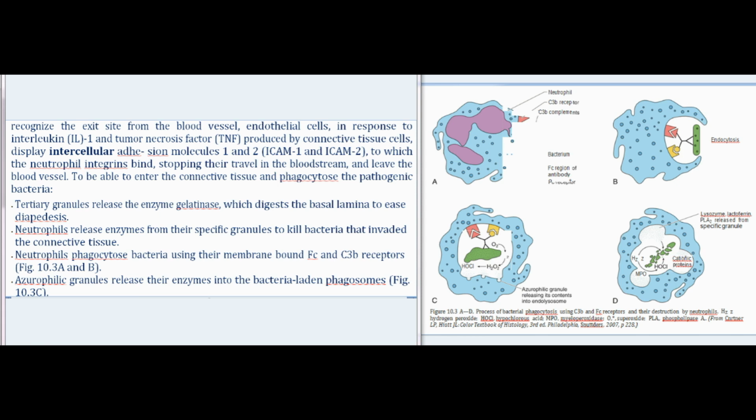To be able to enter the connective tissue and phagocytose the pathogenic bacteria, tertiary granules release the enzyme gelatinase, which digests the basal lamina to ease diapedesis.